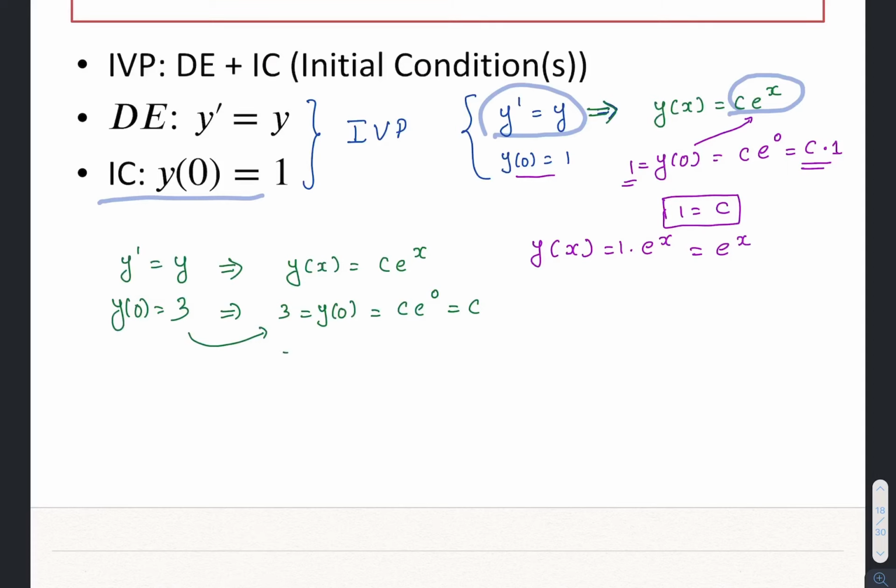So these two together tell me that c is equal to 3, and therefore the solution to the IVP, which is y prime is equal to y and y of 0 is equal to 3, is y of x equals 3 e to the x. So that's how we can find these constants.